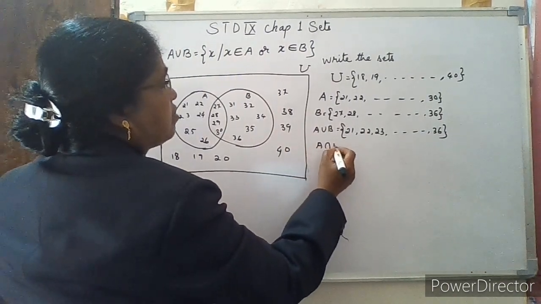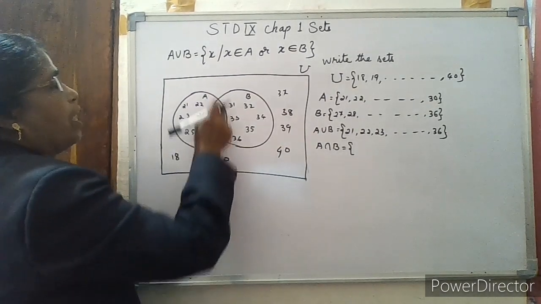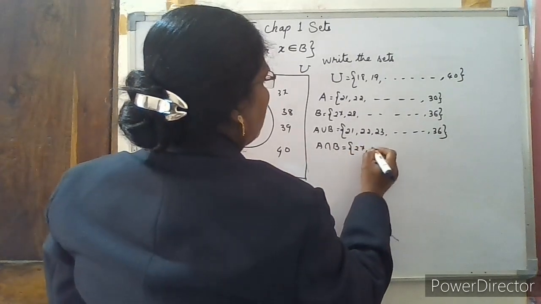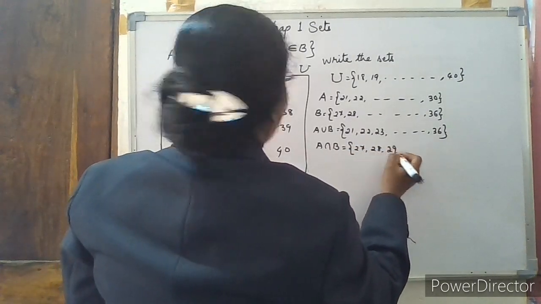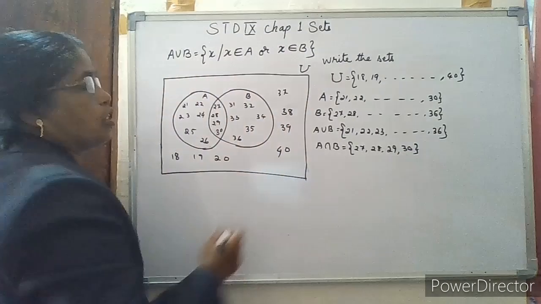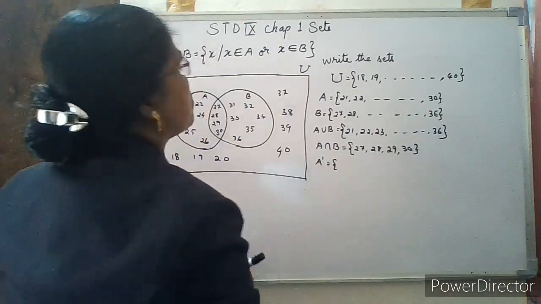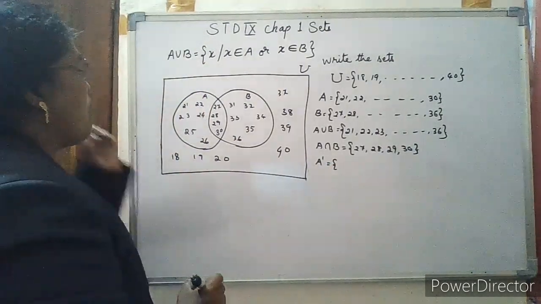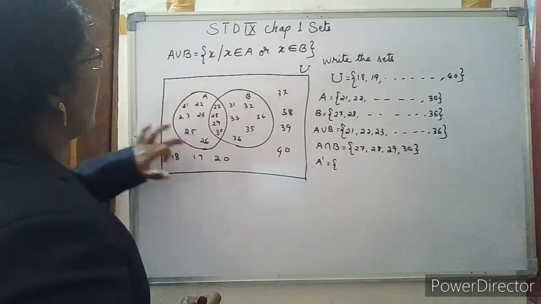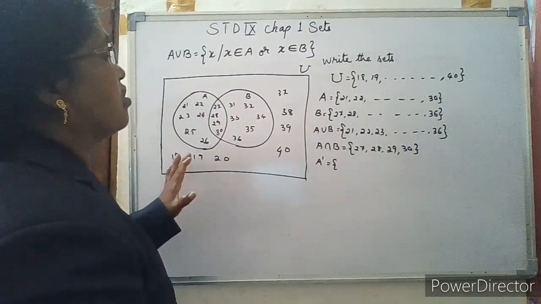A intersection B is the common elements between A and B. That is 27, 28, 29, 30. A intersection B. A complement. Complement of A: you leave the elements of set A, and all the rest which are there in the universal set.